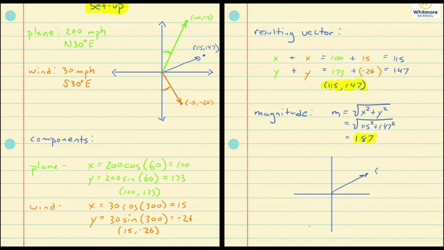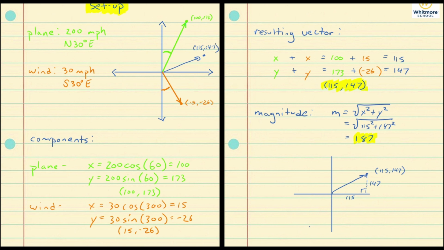And that point, as we already have said, is 115, 147. Now what that tells me is if I have a 90-degree angle here, a right triangle, well, that's going to mean that the length of this side is 115, the length of this side is 147.